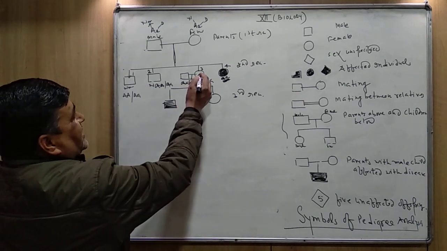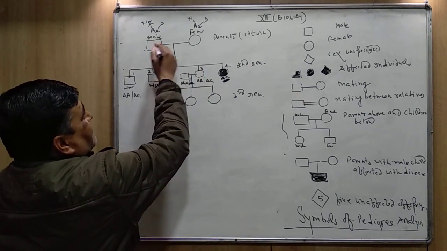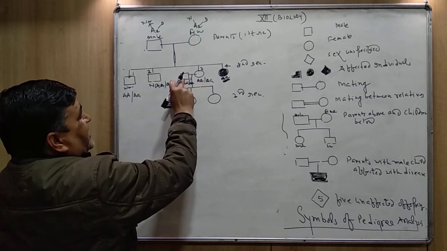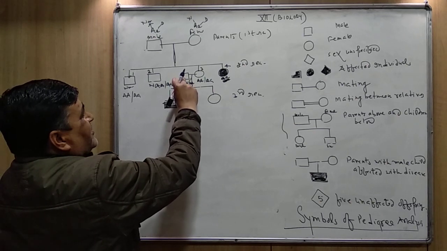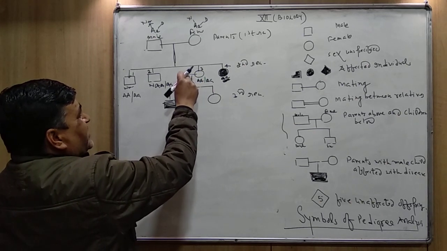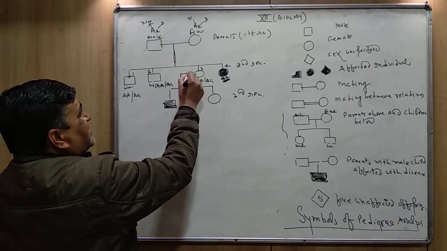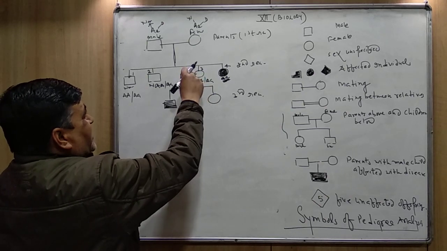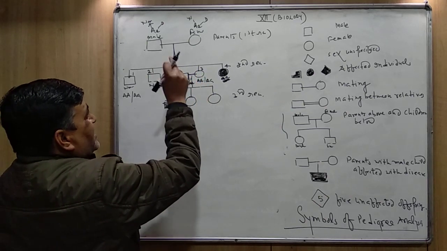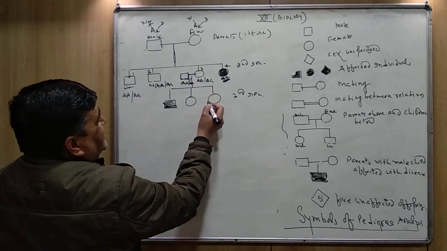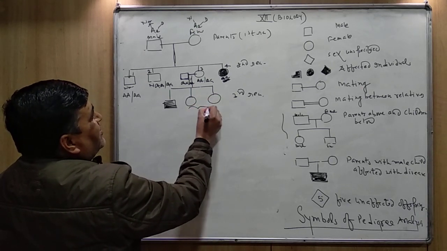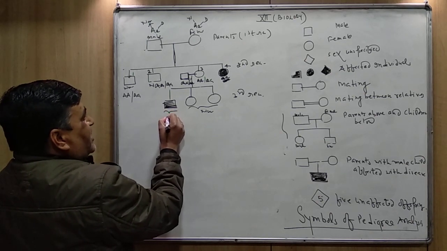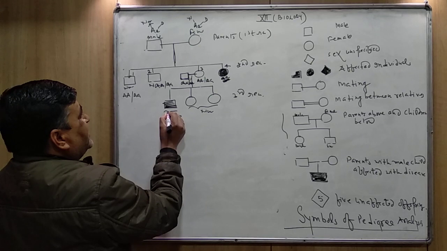Again you can see here the third daughter of the parents, again she is going to be married with a normal male. This indicates the marriage of this third child. She gets married with the normal male. Again you can see in the third generation, the two daughters look normal, but one child is affected, a son.